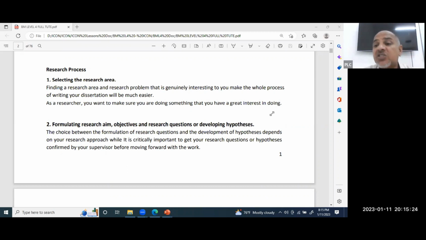If you take research on HR, in HR there are many areas. There are HR functions. Can you tell me? If you take HR, there are many areas coming. What are they? Recruitment and selection, training and development, compensation and benefits, reward, appraisal, performance management.